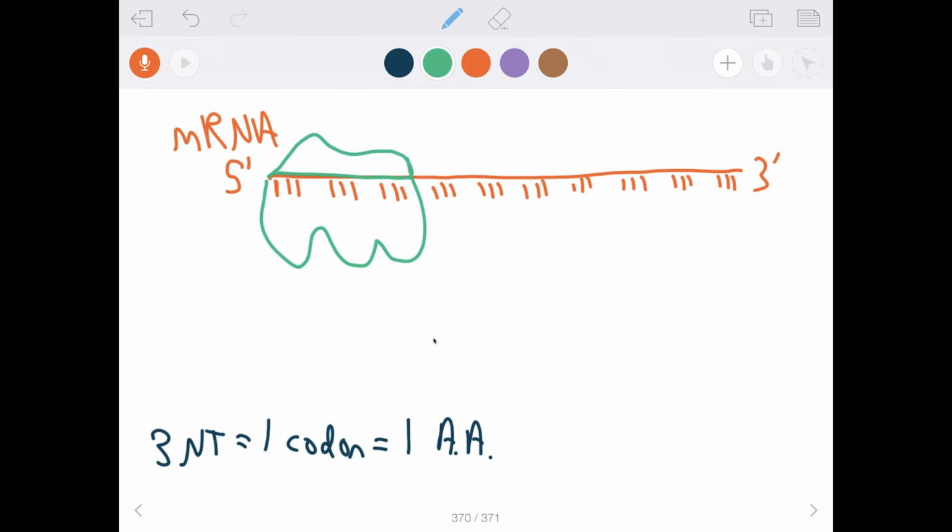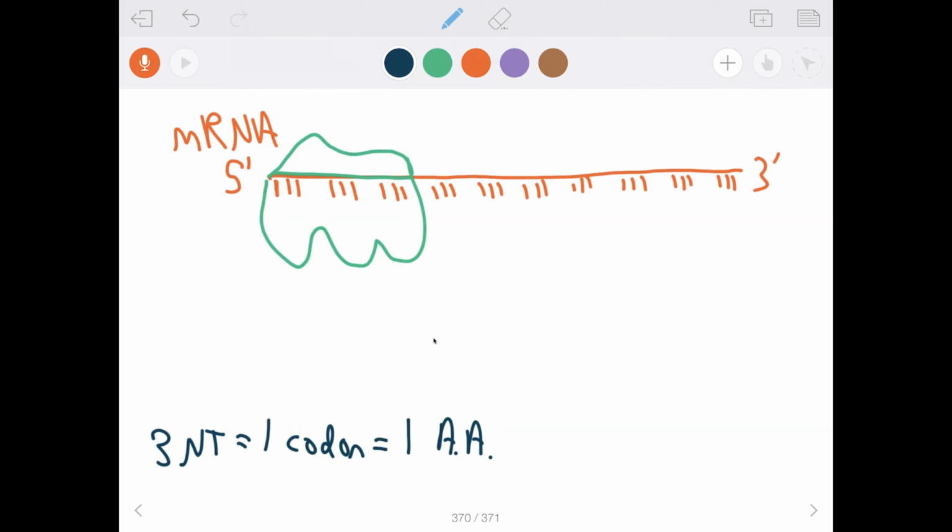Now, from the video lecture, I told you it's looking for a very specific sequence to start. So when I showed you that table with all the different codons, I told you only needed to know 4 of them, right? Only 4. The start codon, which is AUG, and it codes for methionine, and then the 3 stop codons, UAA, UAG, and UGA.